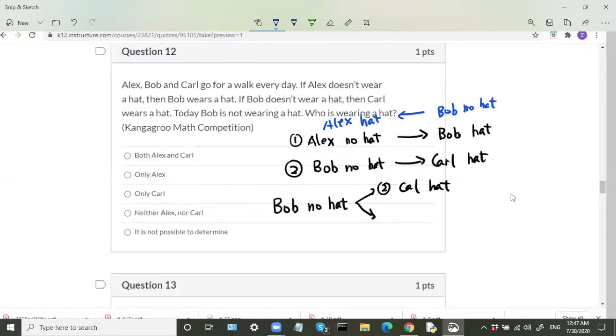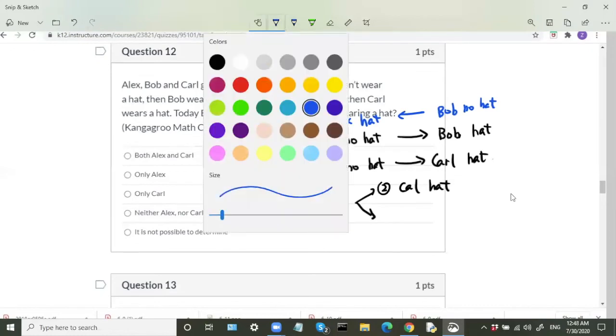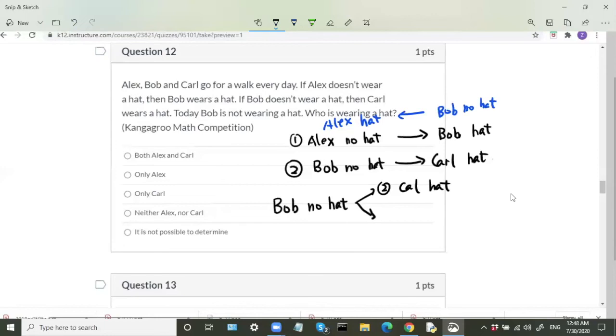So if Bob has no hat, so Alex has to have a hat. Why? Because if Alex has no hat, Bob has to have a hat. So Bob no hat means what? Means Alex wears a hat. So, from number one, Alex has to have a hat.